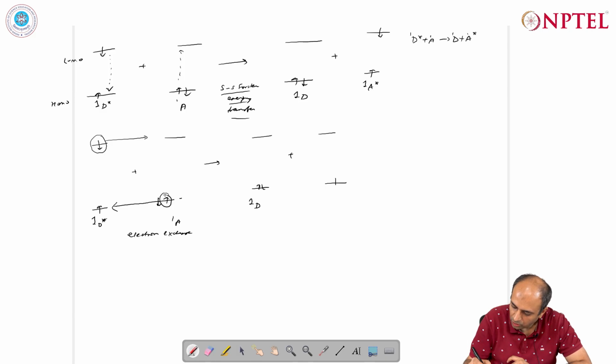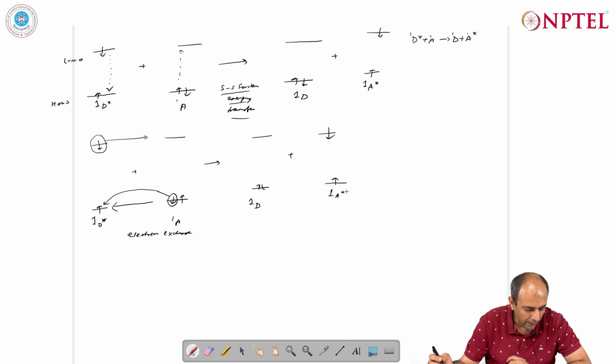It has to be of the opposite spin, so this will go here. So this is now the 1A star. So this is the singlet to singlet Dexter energy transfer.